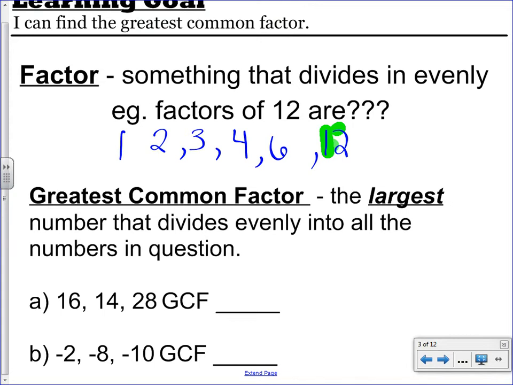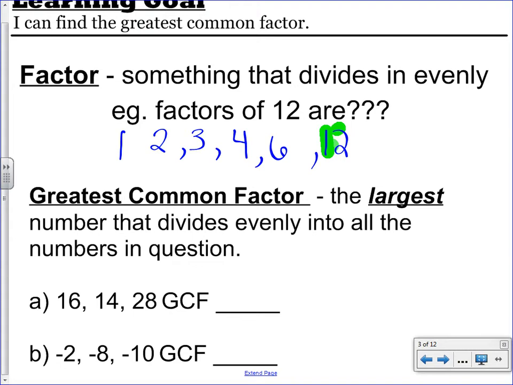What is the greatest common factor for 16, 14, and 28? What's the biggest number that divides into 16, 14, and 28? What is it? Nathan?